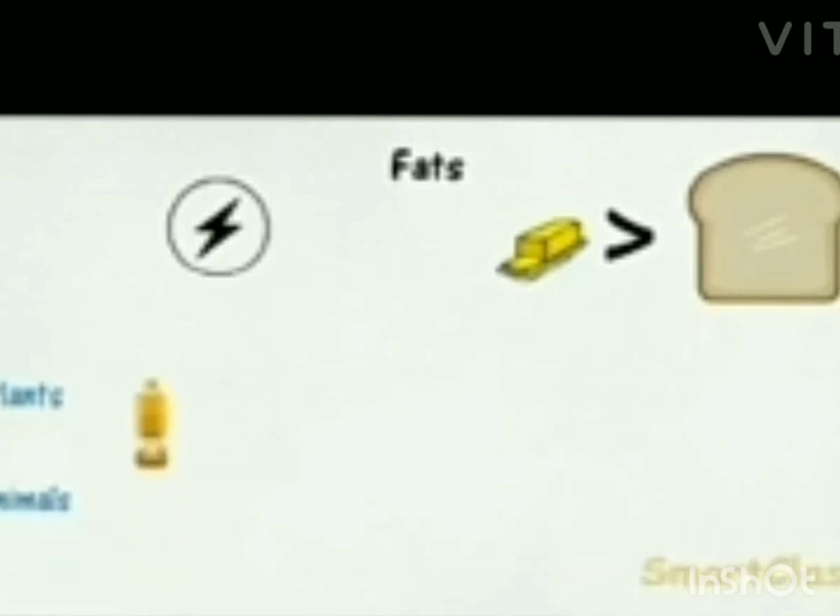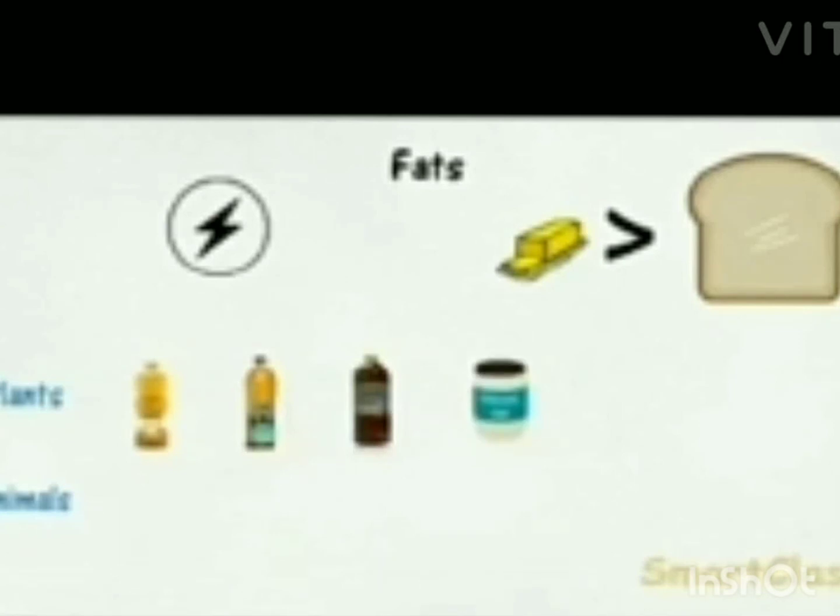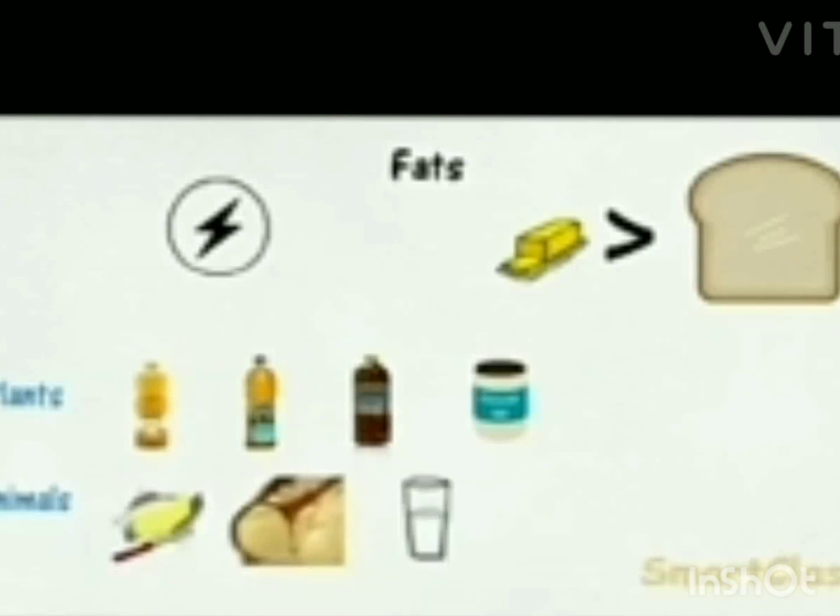Plant and animal fats are there. Sources are groundnut, coconut oil, sunflower oil, mustard oil, etc. Animal sources: ghee, cheese, milk, egg, meat, etc.